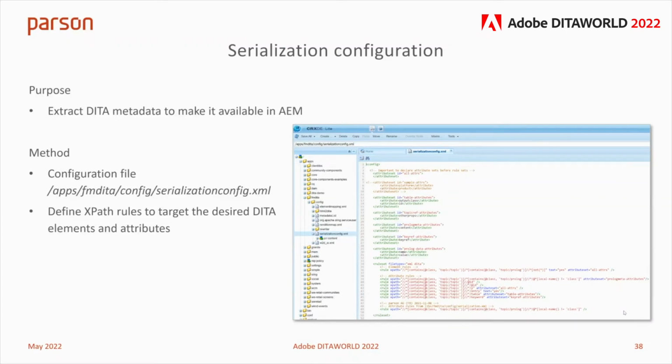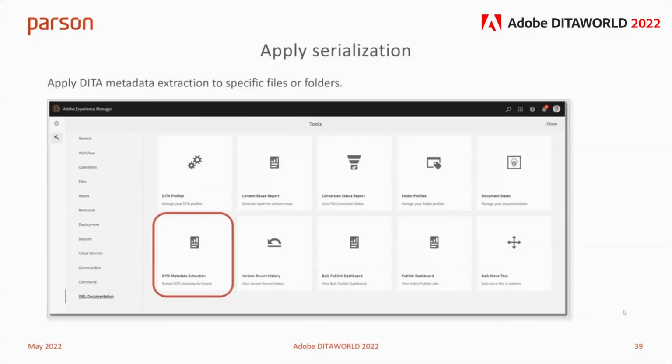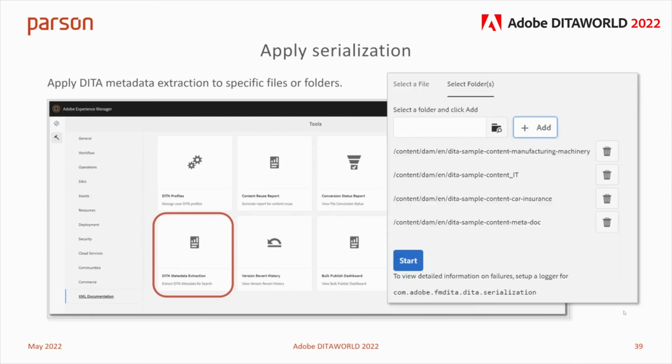In that file, you can define XPath rules that target the desired DITA elements and attributes that should be extracted from the DITA content. And after you've done so, you could go back in the backend to the DITA metadata extraction feature and apply the extraction rules to selected files and folders.